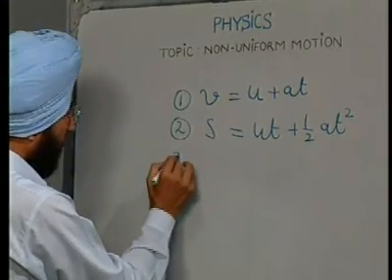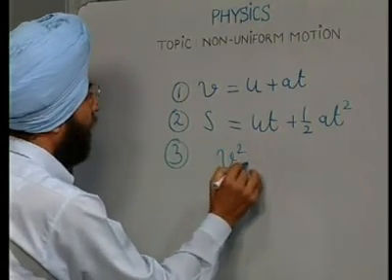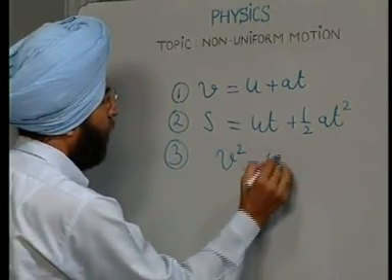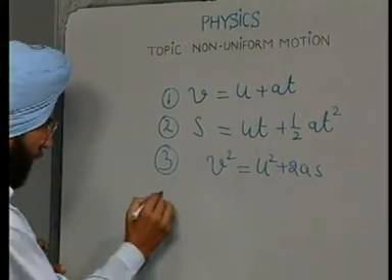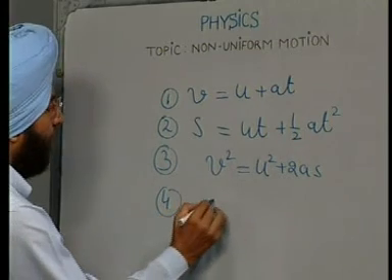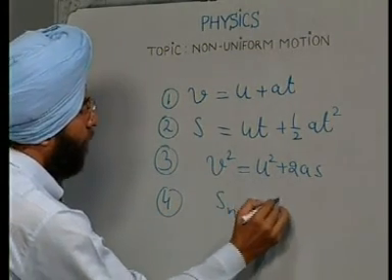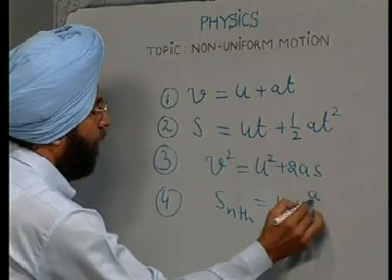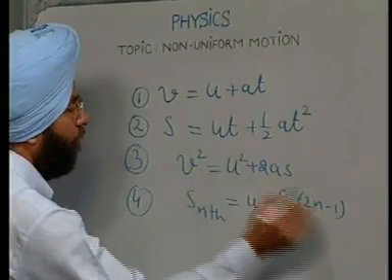Now, we will continue with the derivation of the other two equations: v square is equal to u square plus 2 a s, and s nth is equal to u plus a by 2 into 2 n minus 1.